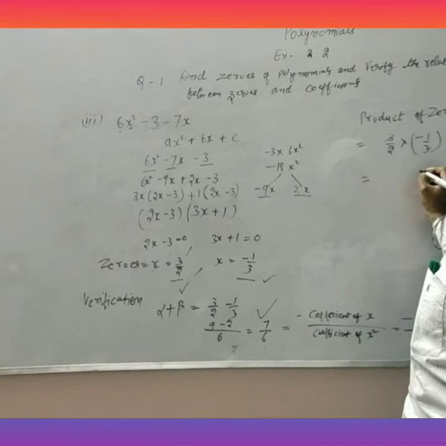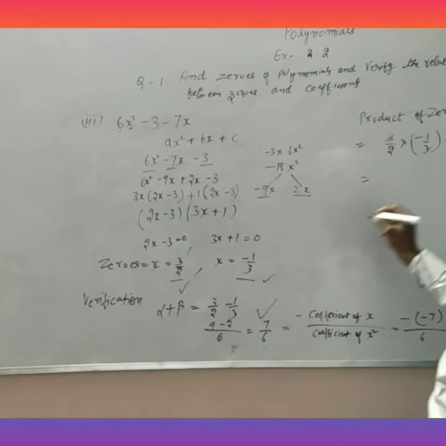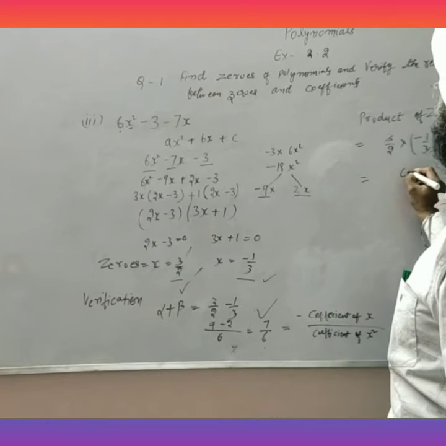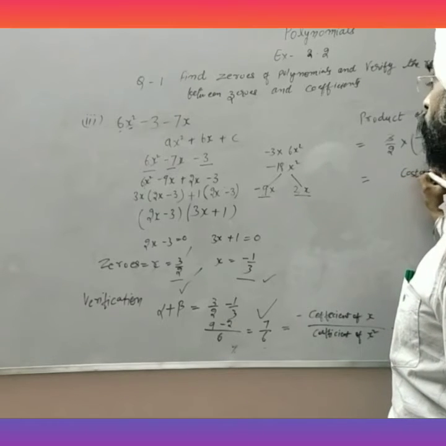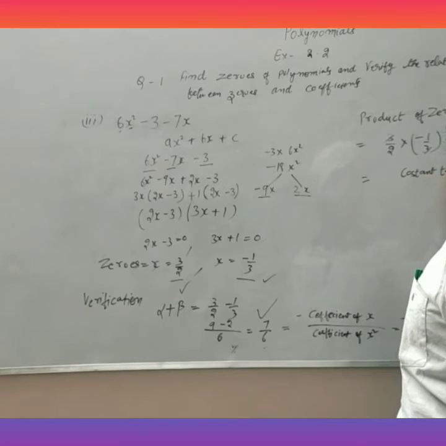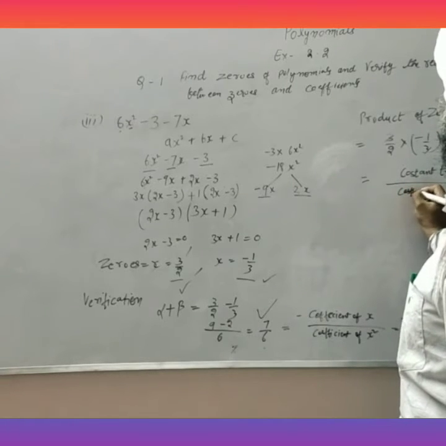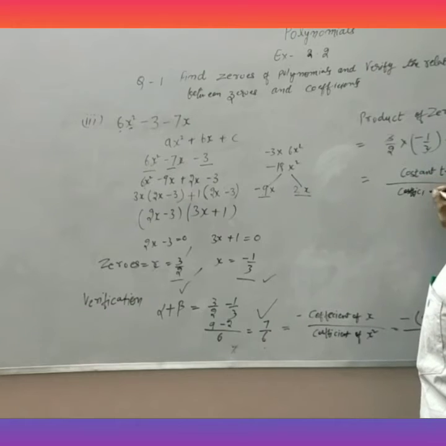Product of the zeros is constant term upon coefficient of x square. This is the formula.